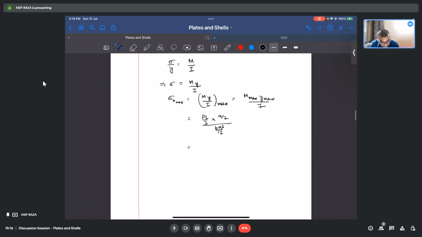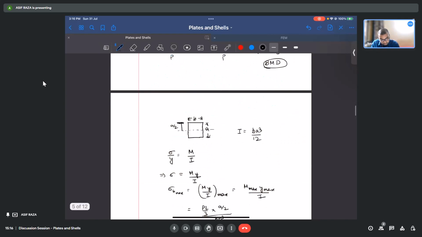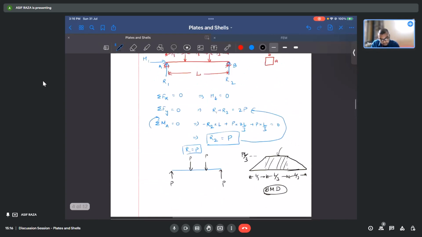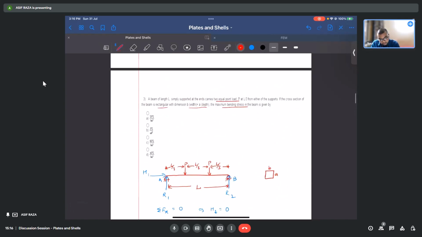Simplifying this, we'll get PL by 6 upon BA cubed by 12, which on simplifying would give me 2 PL upon BA square. So this is my maximum bending stress, that is 2 PL upon BA square, and the correct option is A.